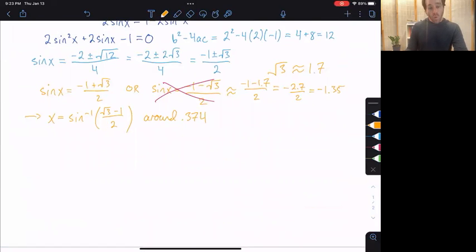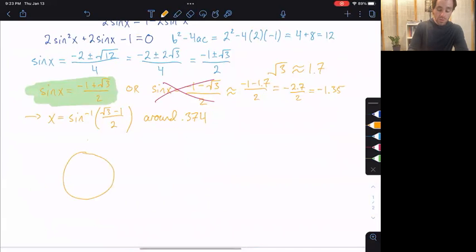Now, what we want is the next time that this is true. To get the next time it's true, you have to know your unit circle. Here's a circle. And sine takes on values twice, right? Now, this is some small positive number. So I know that right here, sine is √3 minus 1 over 2.